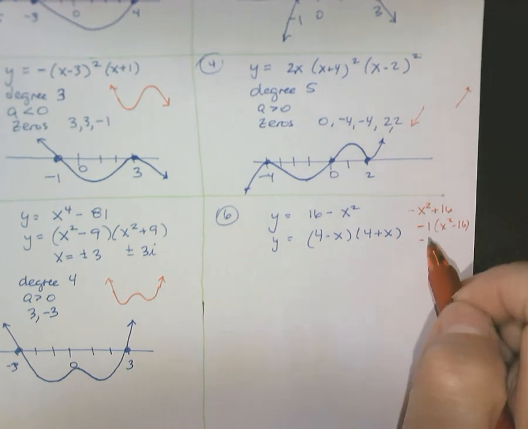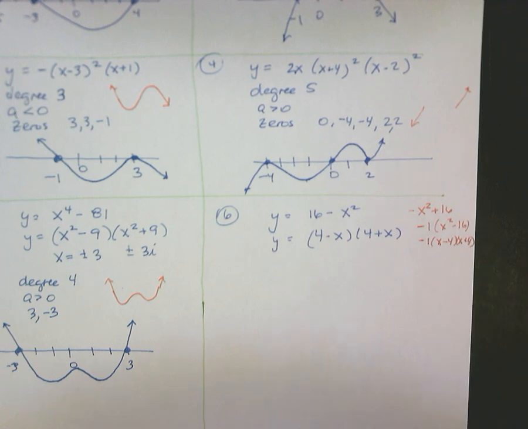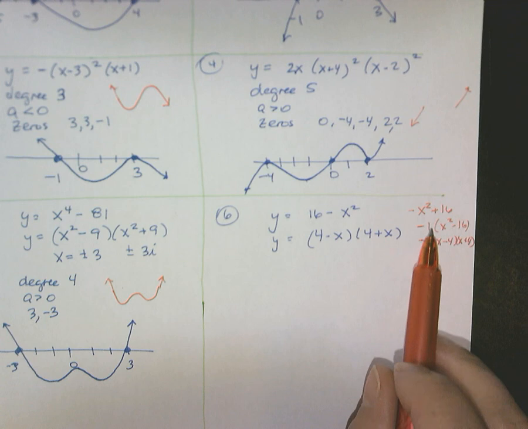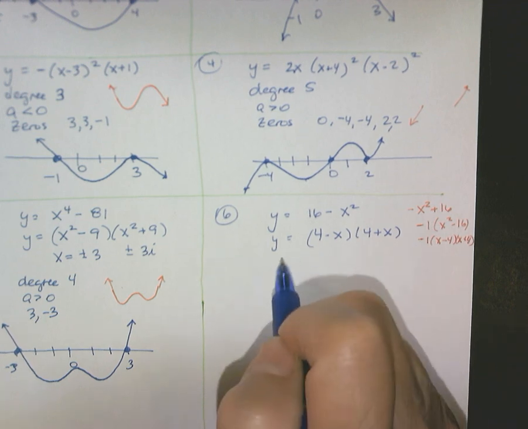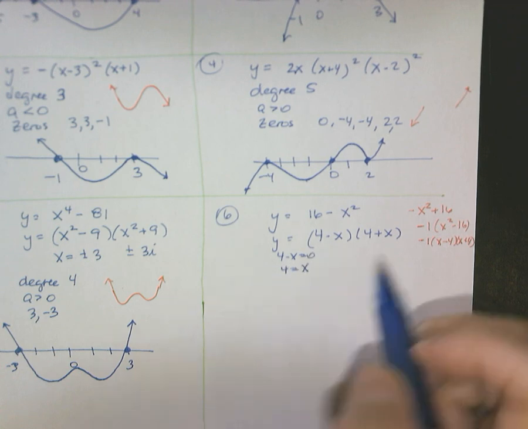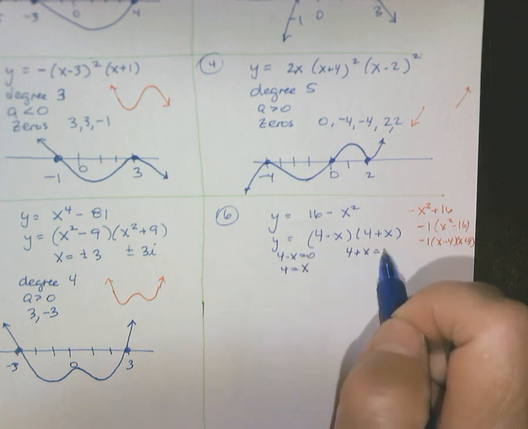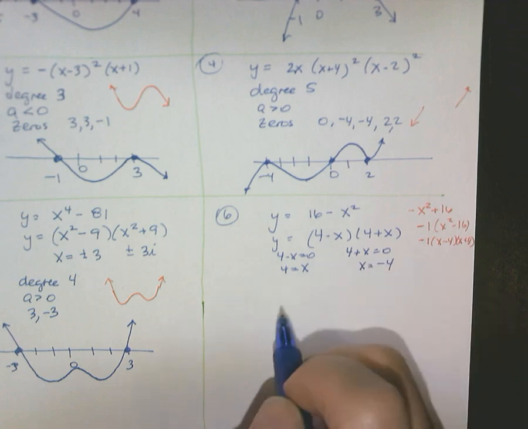And then when I factor, I get negative 1, x minus 4, x plus 4. That is okay to do. If you change it around, make sure you factor out the negative. But here, if I let 4 minus x equals 0, I get 4 equals x. If I let 4 plus x equals 0, subtract 4, I get x equals negative 4.